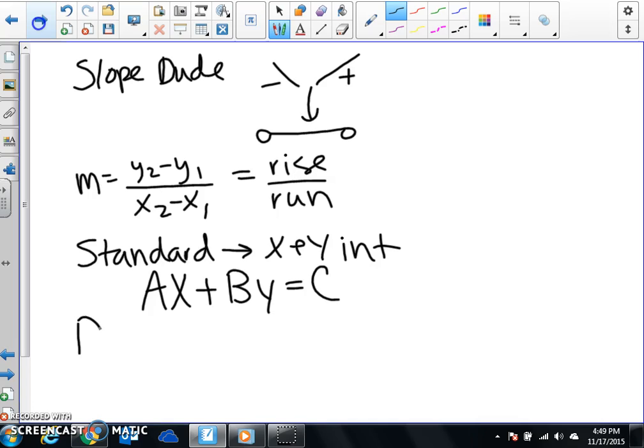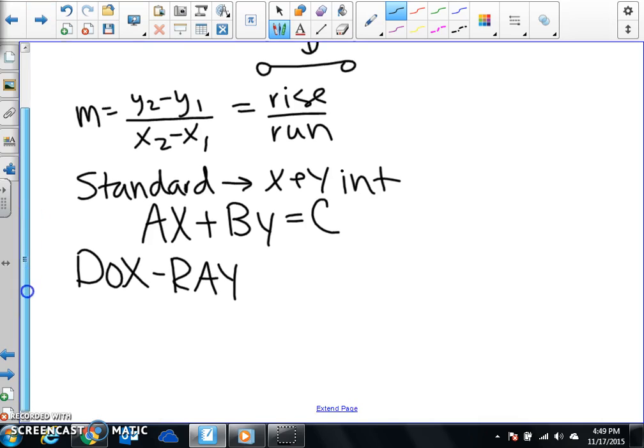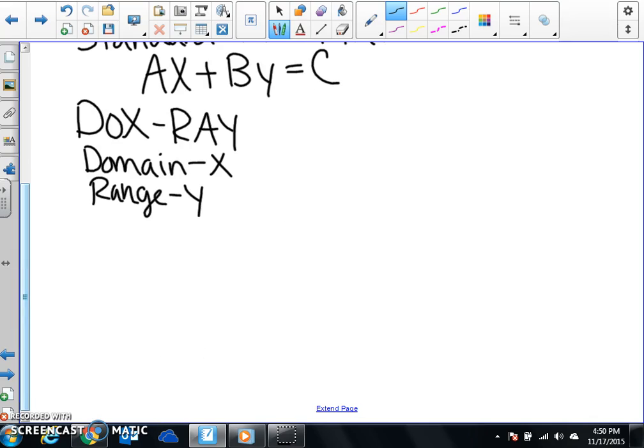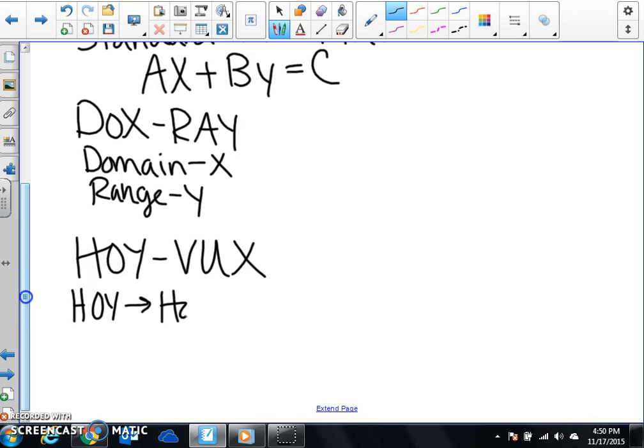You also want to think about Dash's ray. So that tells me that my domain are my x values, my range are my y values, and then lastly I would think about hoi vux. So H, for the hoi, that stands for horizontal.